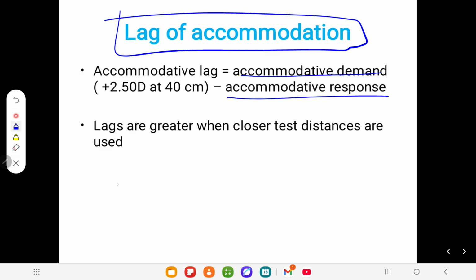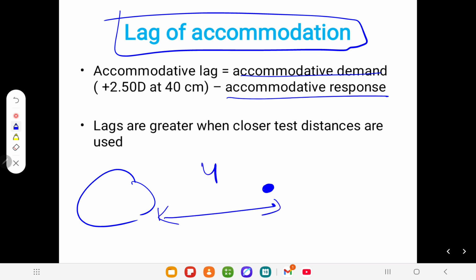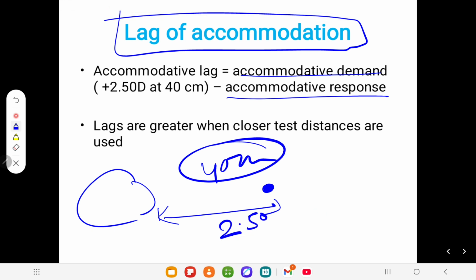See, this is your eye, and suppose this is the object. Now suppose this is the distance of 40 centimeters. What do you mean by 40 centimeters? Isn't it 2.5 diopter? Just doing conversion. Then the eyes must have 2.5 diopter accommodation, but it's not there always. So I try not to accommodate the full 2.5 diopter, but to accommodate less.